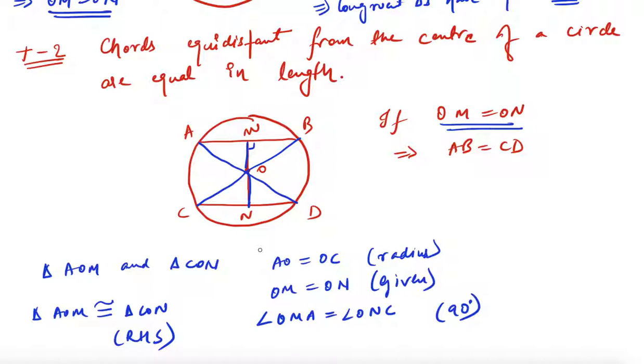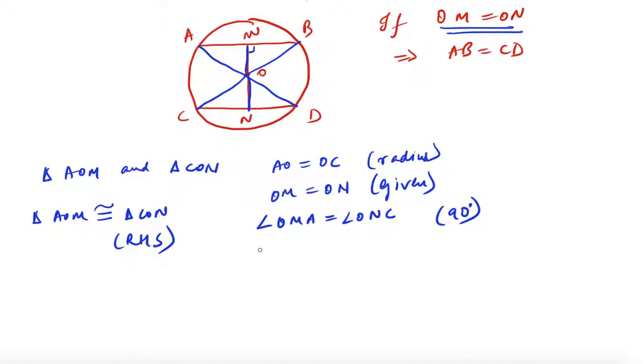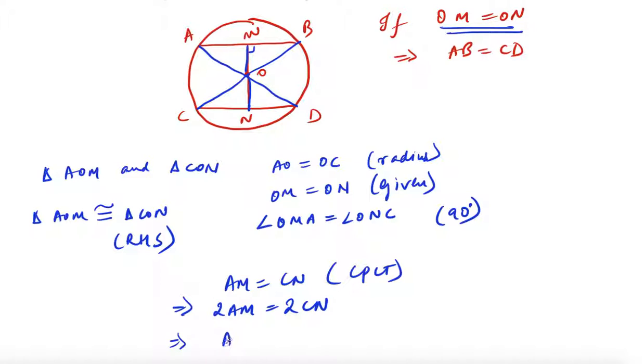And if both the triangles are congruent, now I can write AM is equal to CN. Why? CPCT, corresponding parts of congruent triangles. If AM is equal to CN, this implies 2 times AM is equal to 2 times CN, which gives us the result AB is equal to CD. Why is 2 times AM equal to AB?